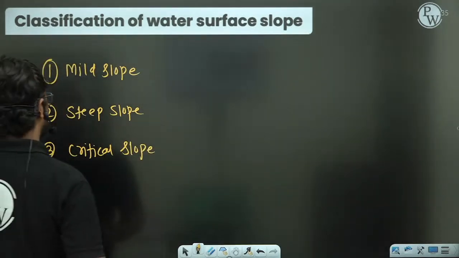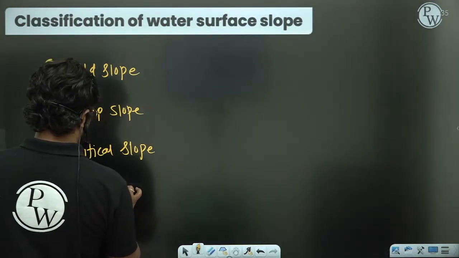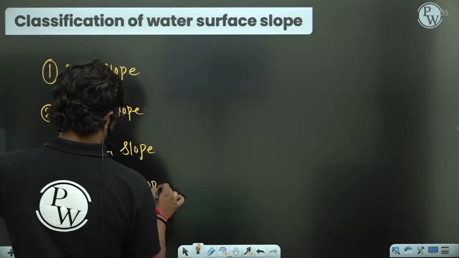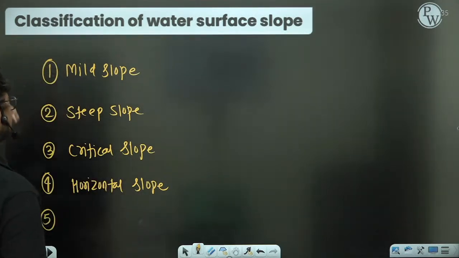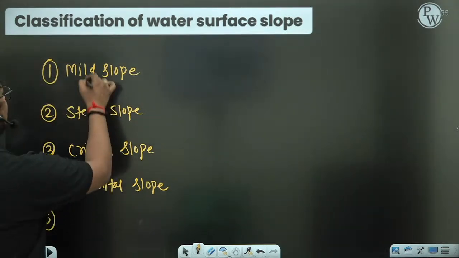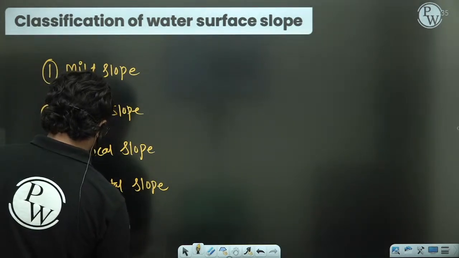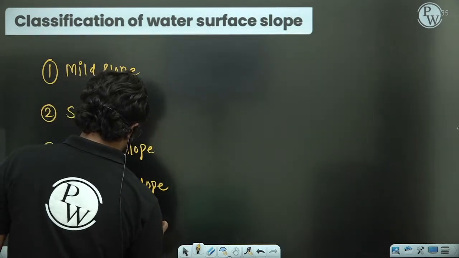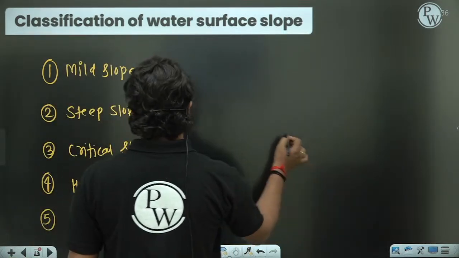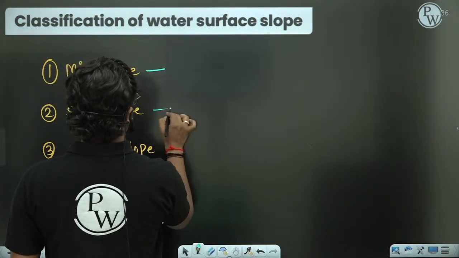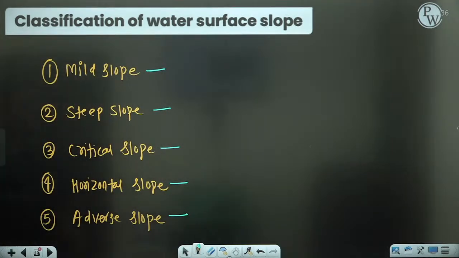Fourth one is the horizontal slope. And the last one is the adverse slope.